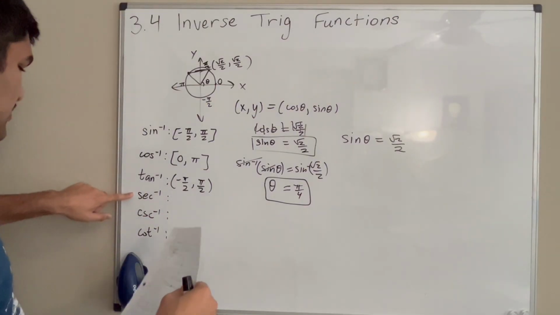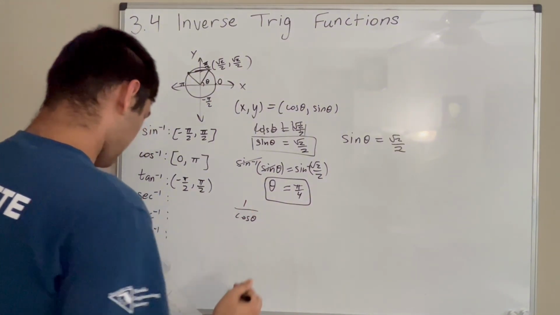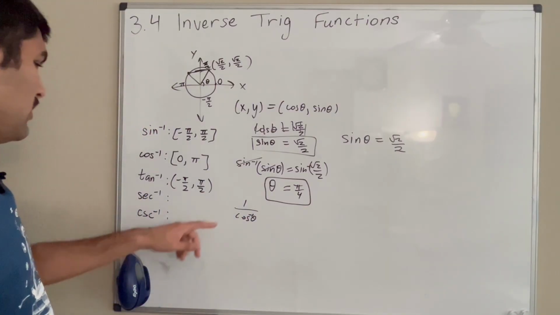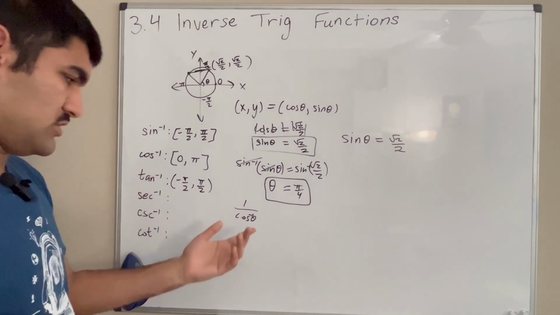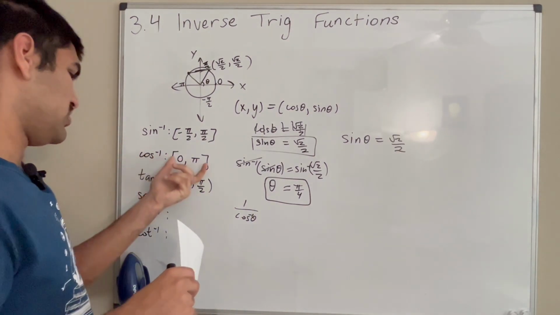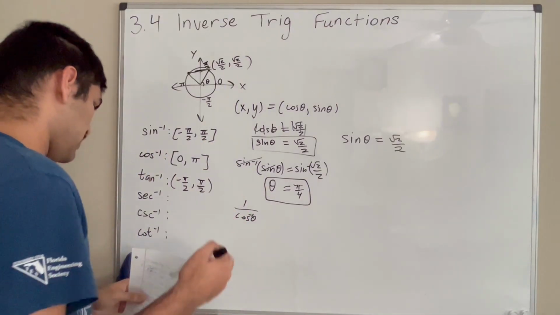So for example, secant, we know that's 1 over cosine, right? So inverse secant is 1 over inverse cosine. And so we just want to make sure that inverse cosine isn't equal to 0. So it's the same range as inverse cosine essentially, but we just exclude any points where it might equal 0.